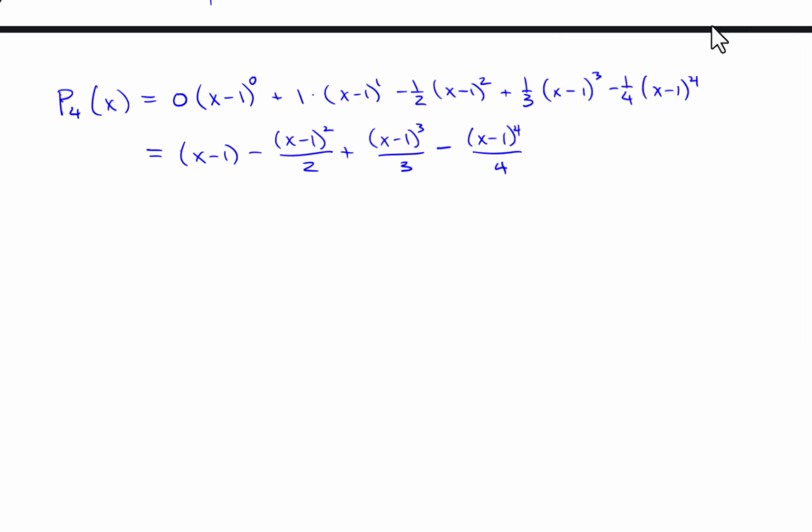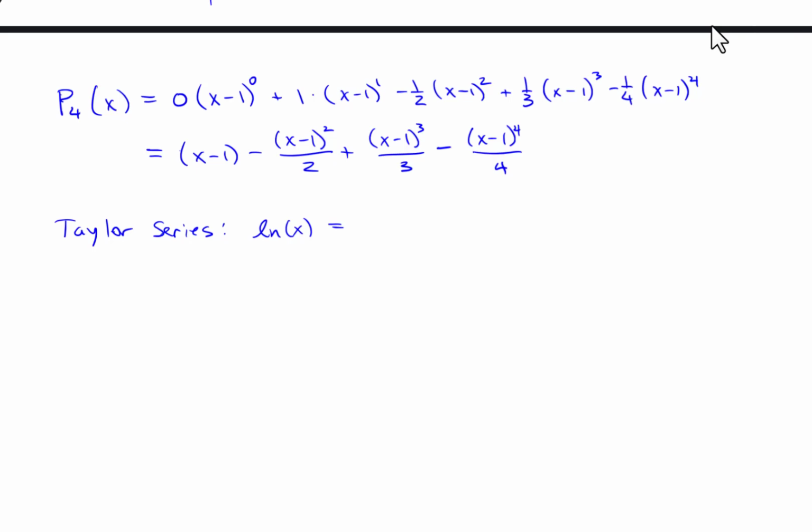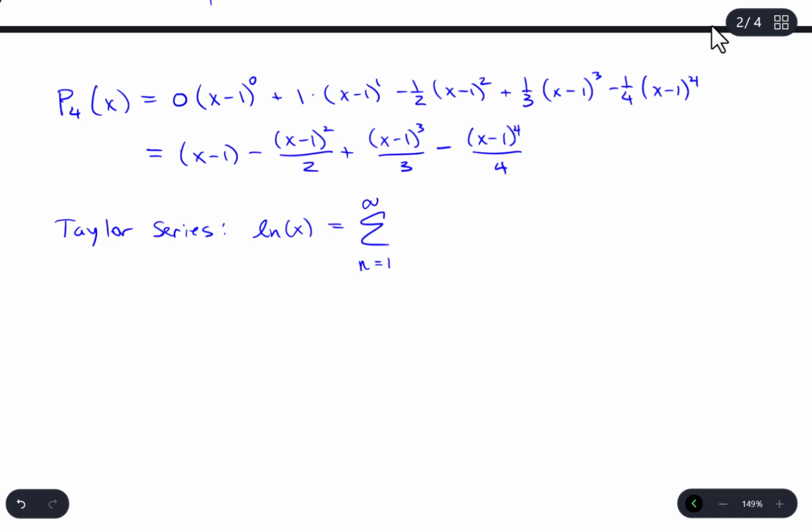All right, so the Taylor series then for the natural log, we come up with an infinite series that pretty much represents the nth term of this polynomial. So in this case, it would be from n equals 1, I could start with, to infinity.